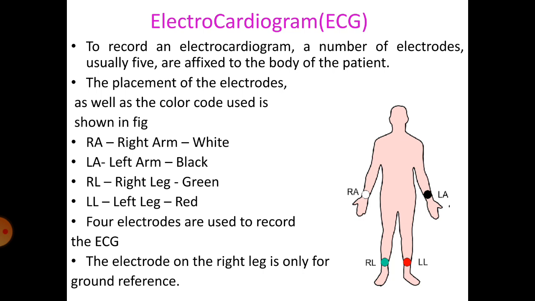LA means left arm, black. RL means right leg, that is green. Left leg means red. So 4 electrodes are used to record the ECG. The electrode on the right leg is only for ground reference. So always the right leg electrode acts as the ground electrode.